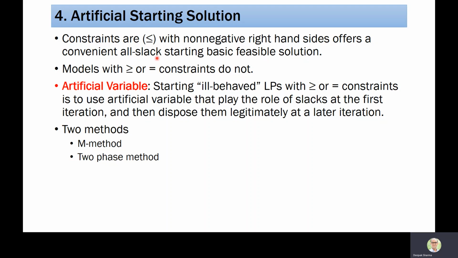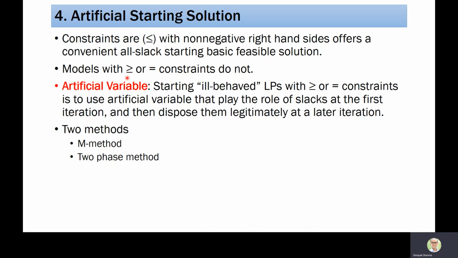Our starting basic feasible solution was always the origin, where the variables of the problem are taken as non-basic and the slack variables we consider as basic at the beginning.